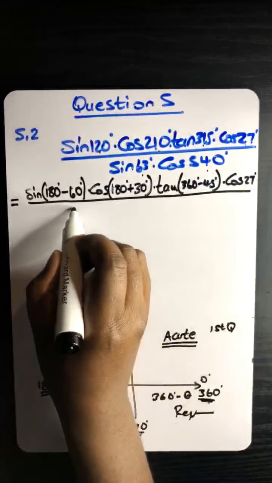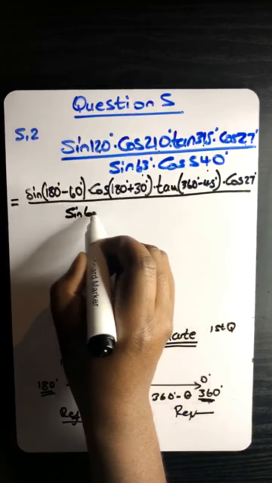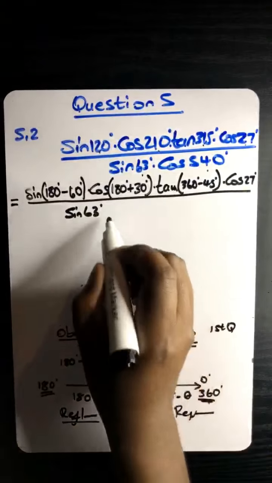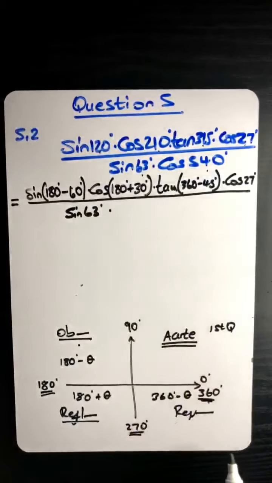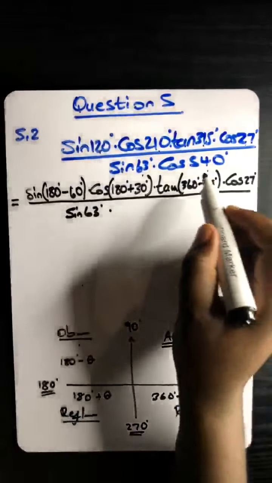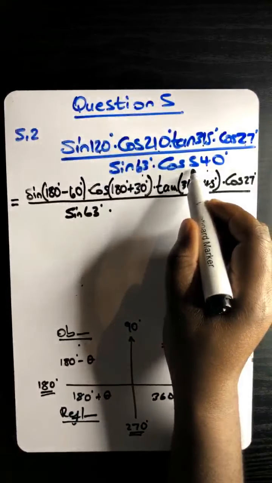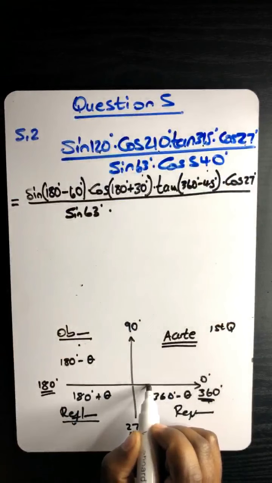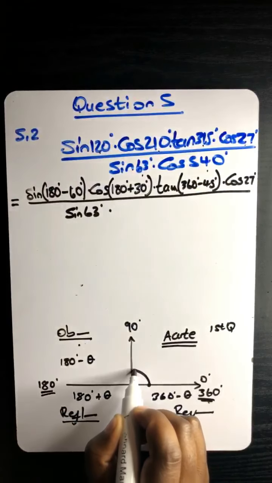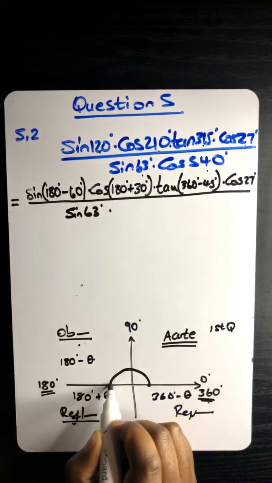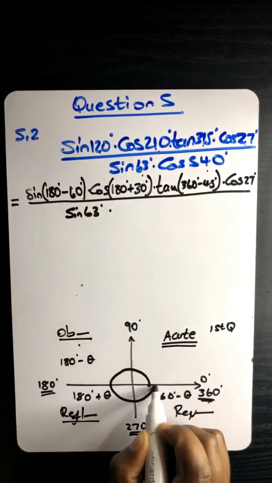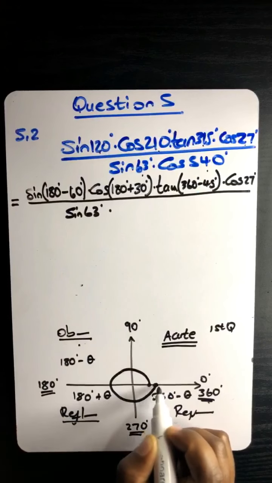So also sine of 63, it's also an acute angle. When it comes to 540, you have an angle which started from 0, went 90, 180, 270, 360, but it didn't end there.